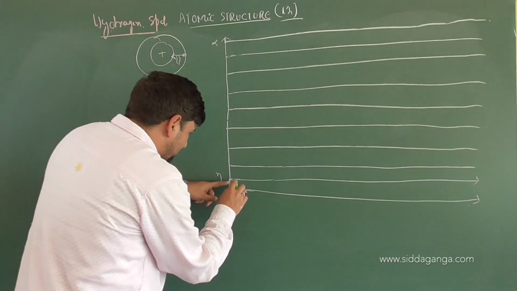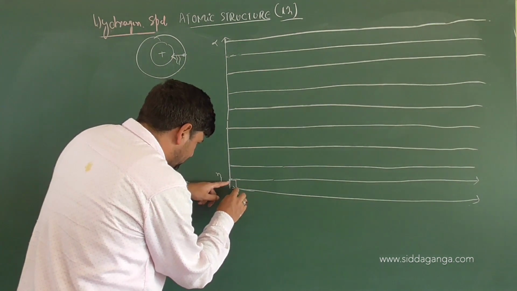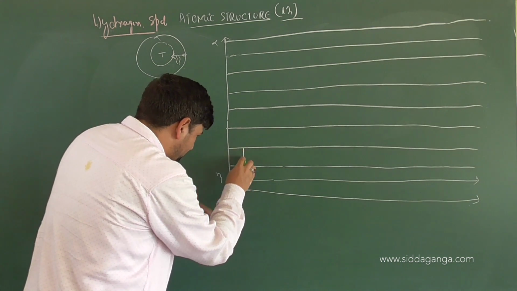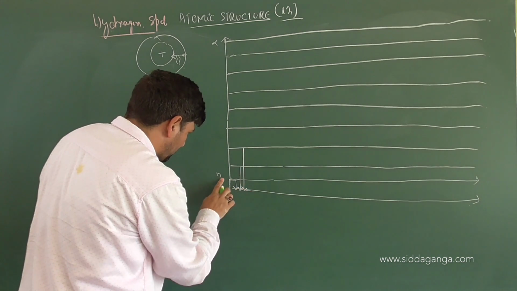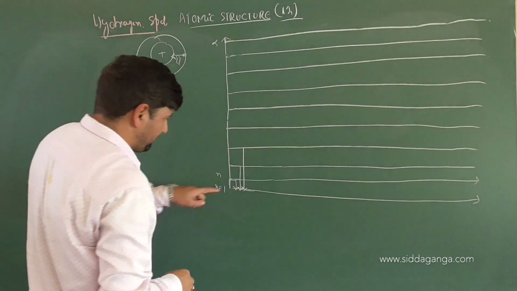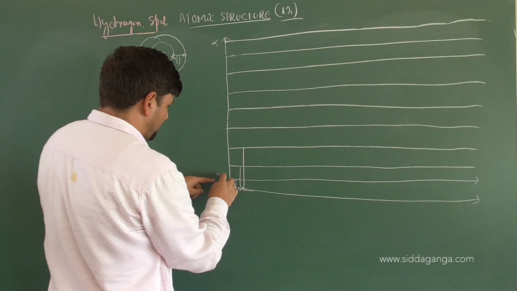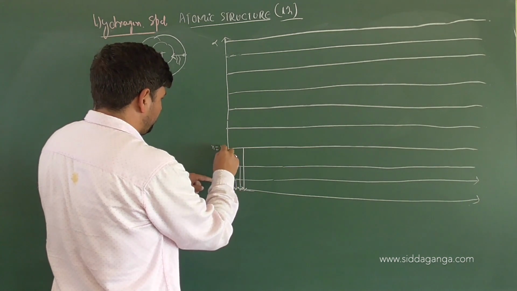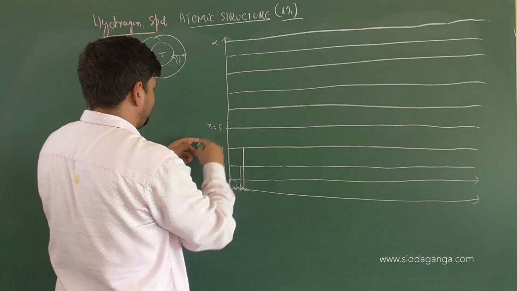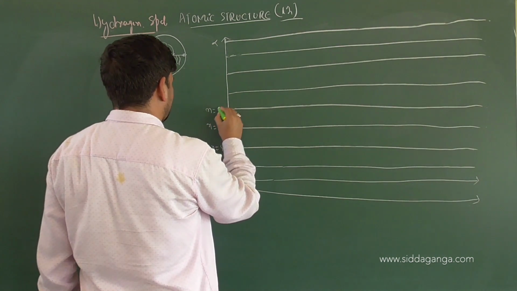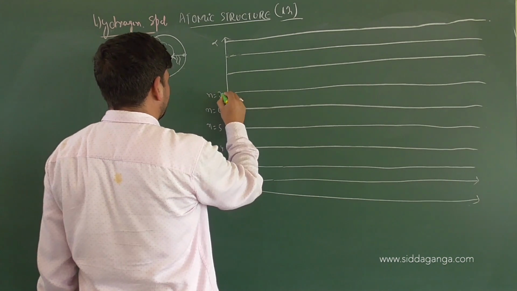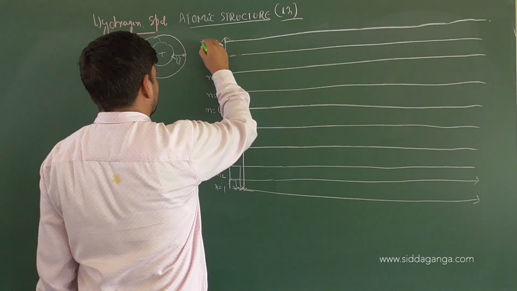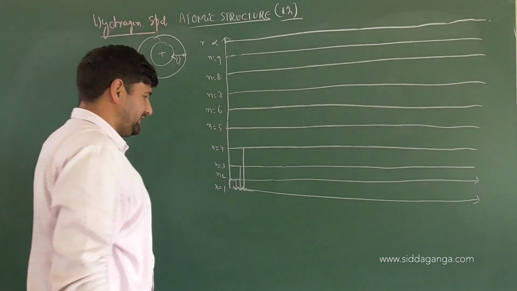So when the electron is coming from higher states, the ground level where the electrons are coming is N1. Suppose this is N1, then N2, N3, N4, N5, N6, N7, N8, N9, and so forth up to infinity.